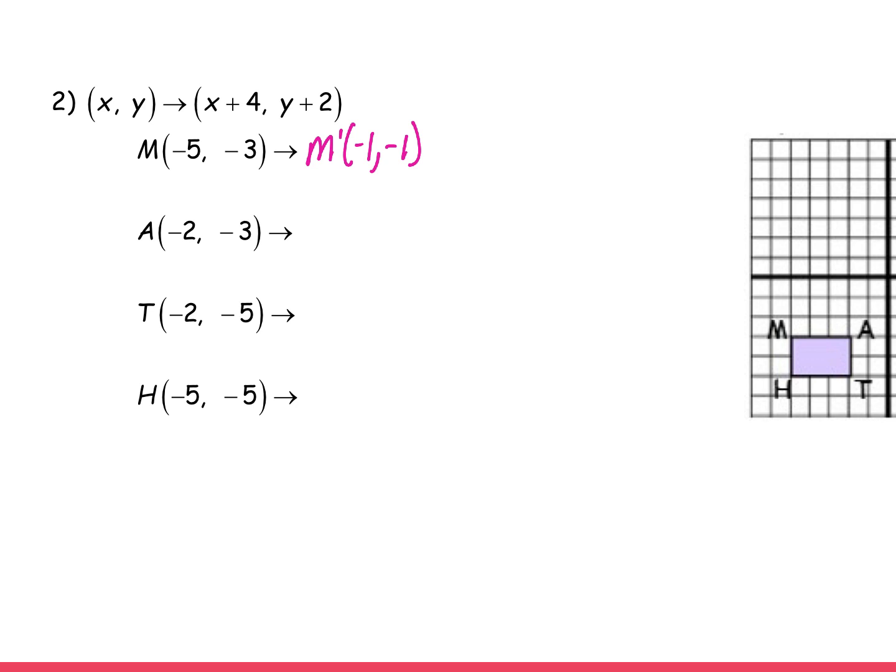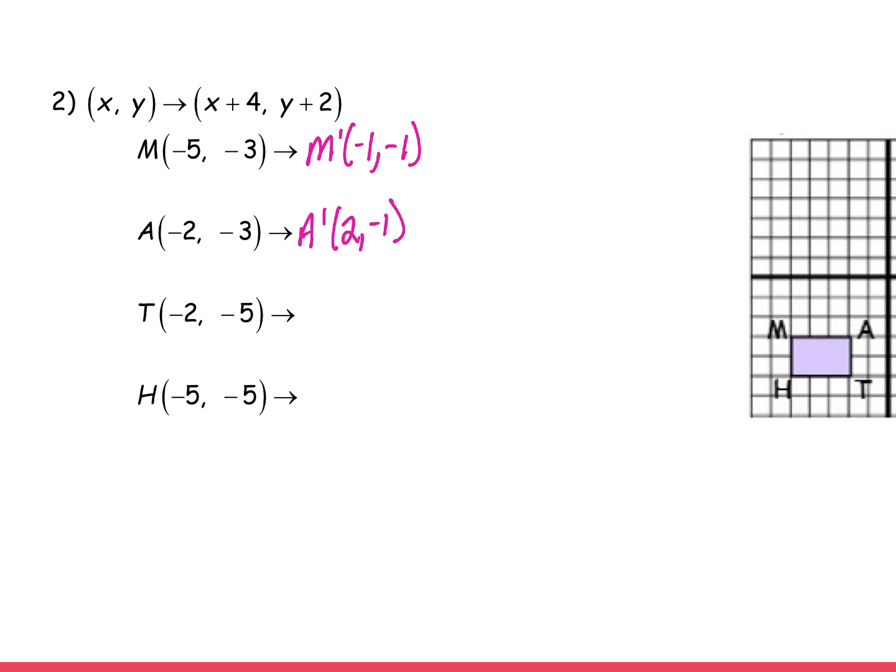Okay, so then we're going to do A prime. Whew. Okay, so negative 2 plus 4. I owe somebody $2. I have $4. After I pay them back, what will I have? $2, yeah. Okay, so negative 3 plus 2 is what? Negative 1, awesome.